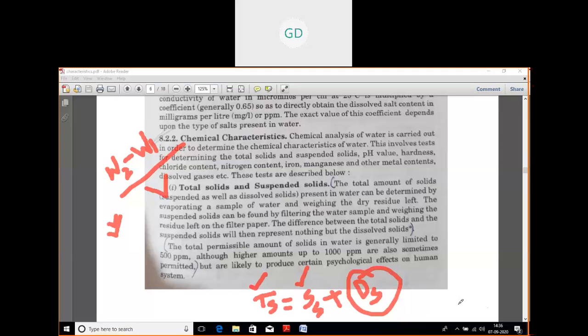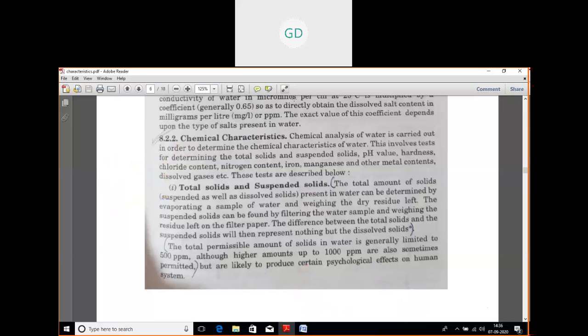And there are certain permissible limits. Obviously in this case also you have permissible limits. So what is the permissible limit? It is generally limited to 500 ppm to 1000 ppm. That means 500 to 1000 is your permissible limit.